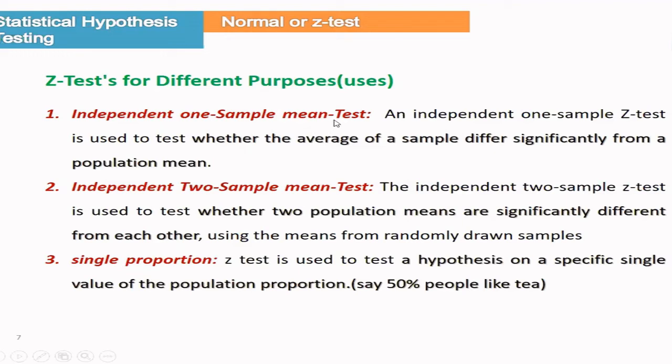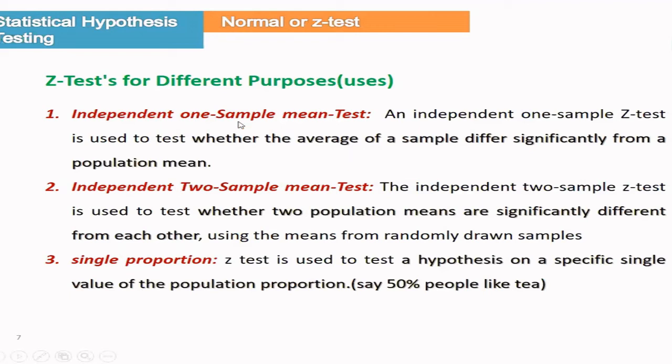There is only one sample, and we can verify whether the sample mean is right or wrong. Another important second one is the independent two sample mean test. If you have two samples from two populations, then you can find whether the two sample means are equal or not. This is called the independent two sample mean test. The two samples will be independent.